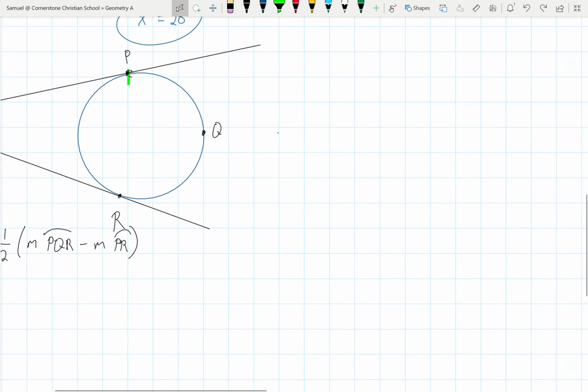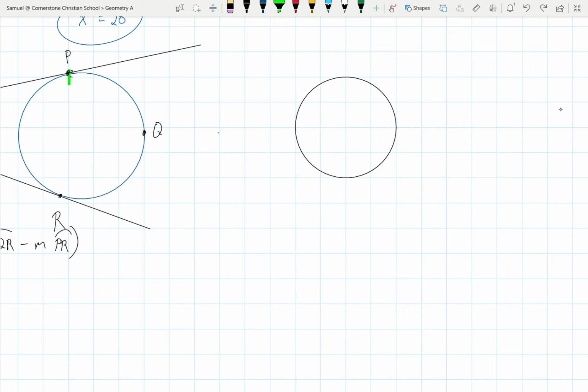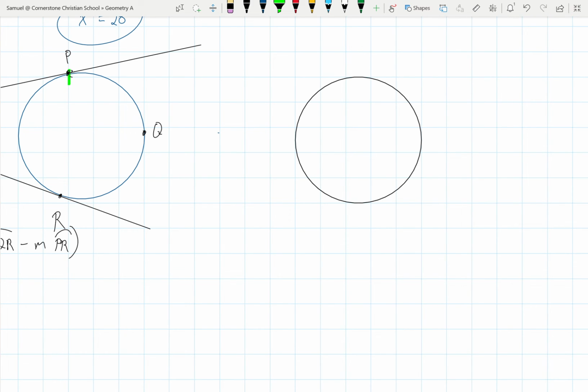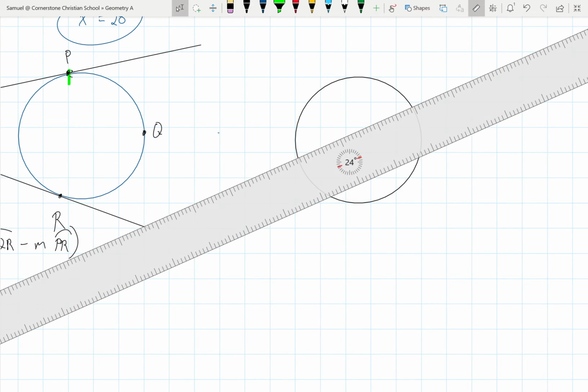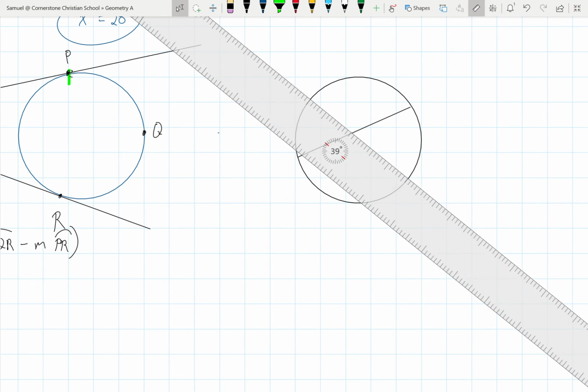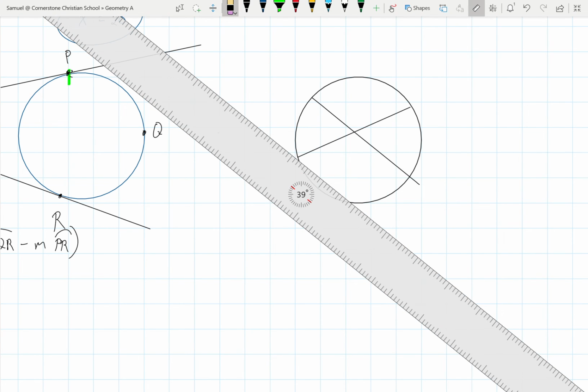Then I'm going to give you one more equation you might need to use. We're given some chords. Okay.